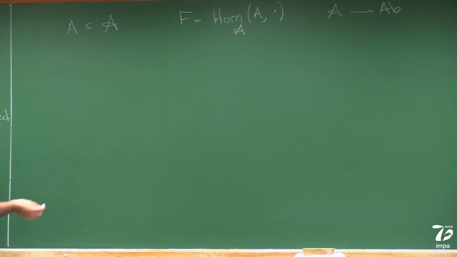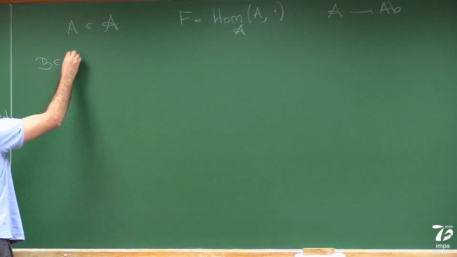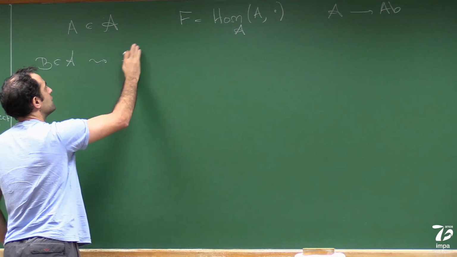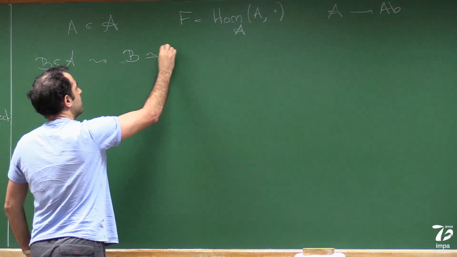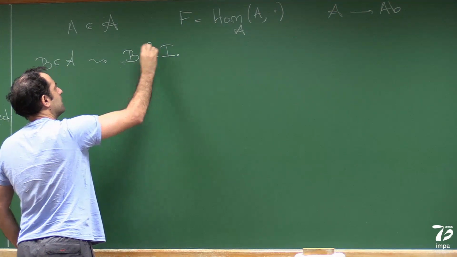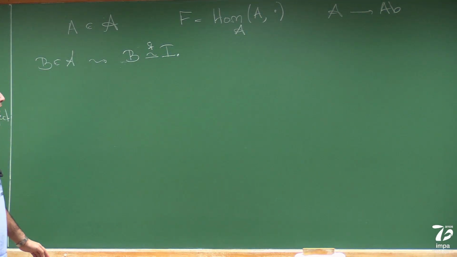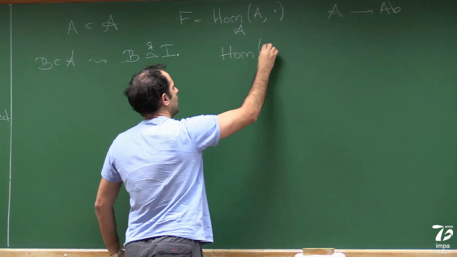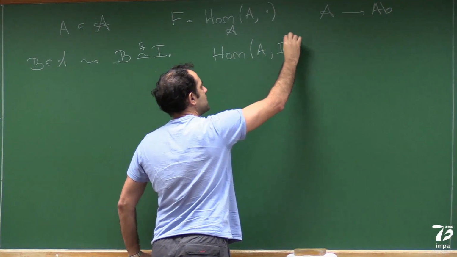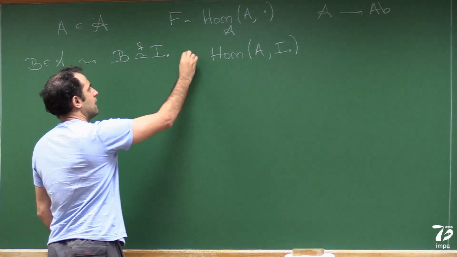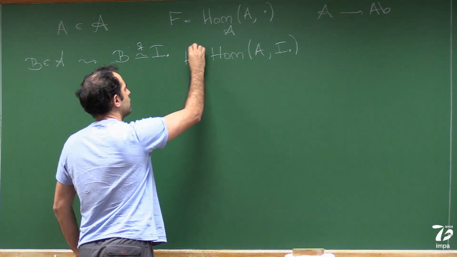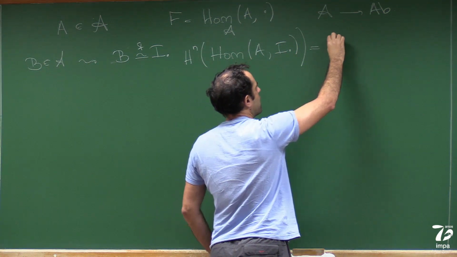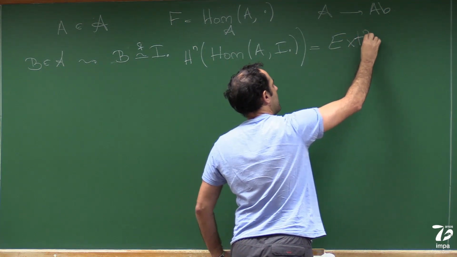And I compute this by, if you give me some B in A, again, by the same argument that we did before, we construct a quasi-isomorphism between this B and a complex I. We obtain this Hom(A, I), which is a complex, and I take the homology of that complex in degree n, and this is what I called before Ext^n(A, B).